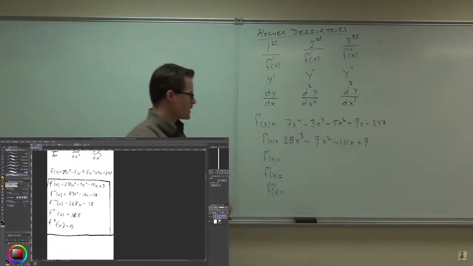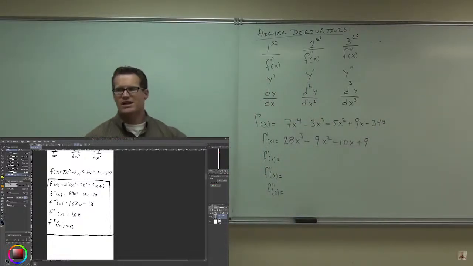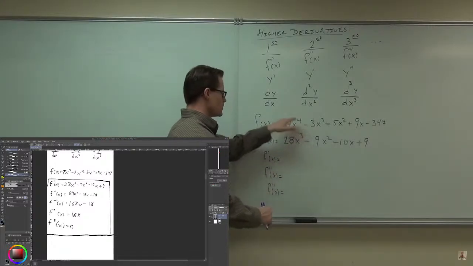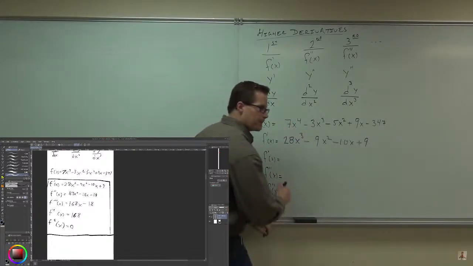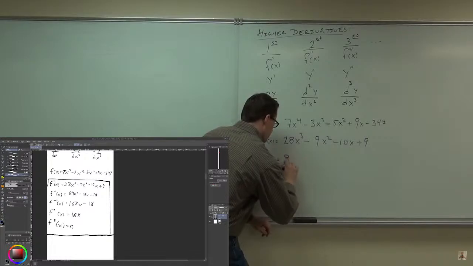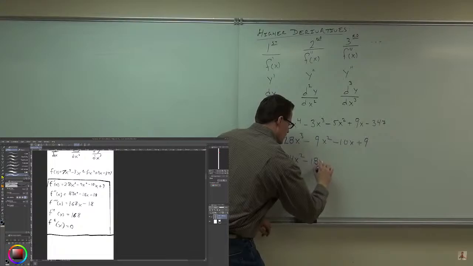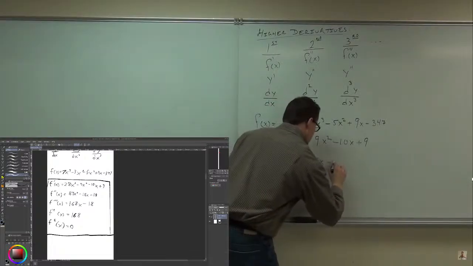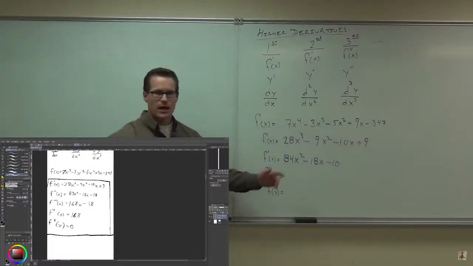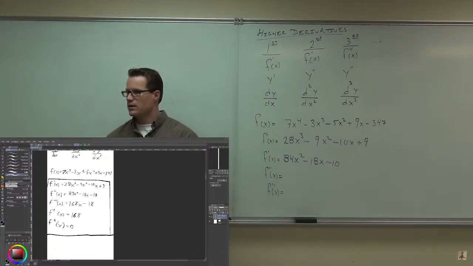Okay, next up, second derivative. We just take the derivative again. What's 28 times 3? 84x squared minus 18x, you got that one right, minus 10. What happens to the 9? It's a constant. It goes away.